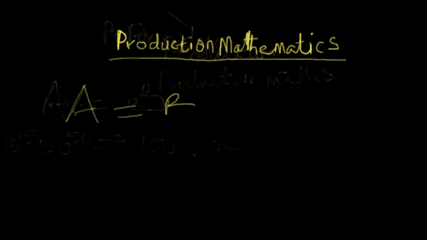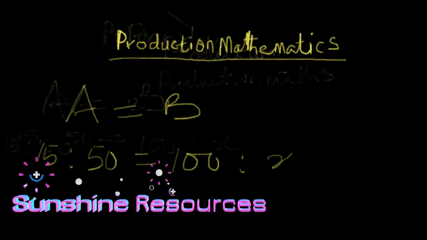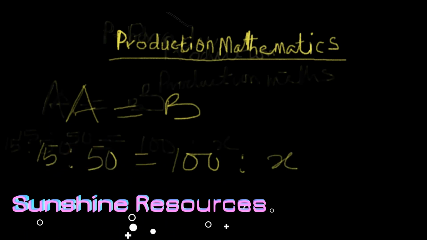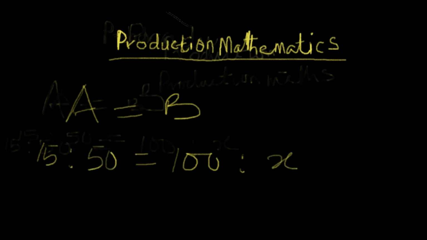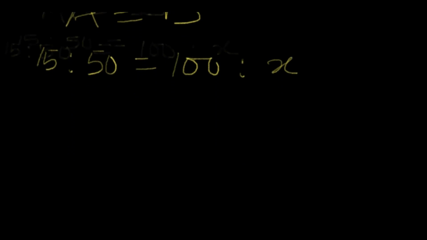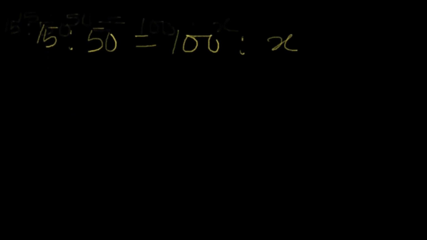On the left hand side we have 15 ratio 50, which is ratio A, equal to 100 ratio X, which is ratio B, where X is the unknown quantity of nitrosol required to produce 100 liters of liquid soap. Let's move on.